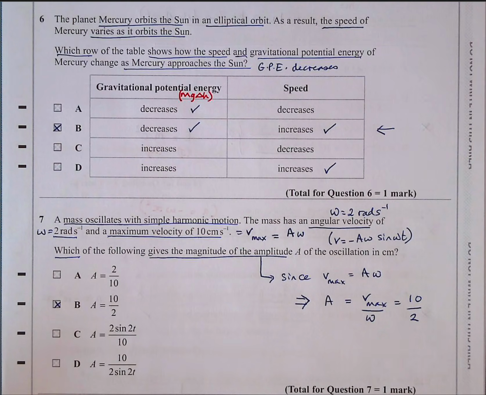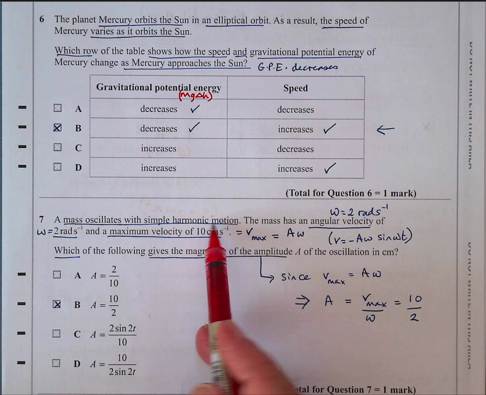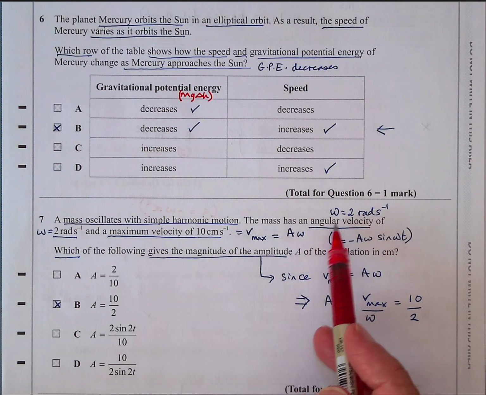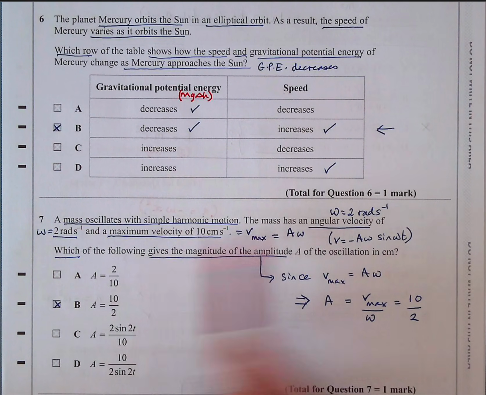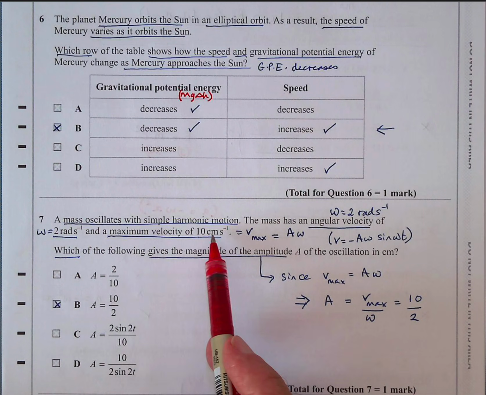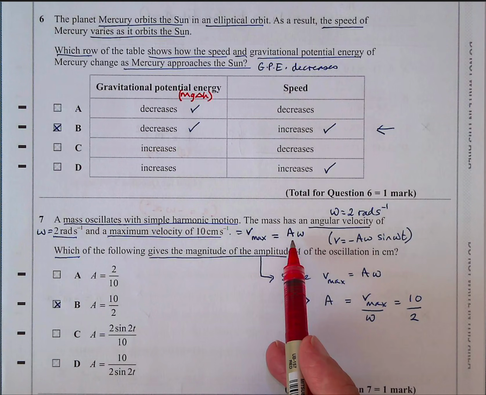Question 7. Another simple harmonic motion question. A mass oscillates with simple harmonic motion. The mass has an angular velocity of 2 radians per second, so omega is 2 radians per second, and a maximum velocity of 10 centimeters per second. And we know from the equation at the back that the maximum velocity is when the displacement is at the amplitude, A omega.